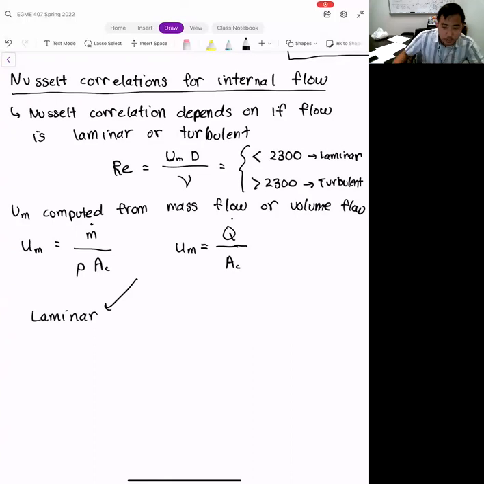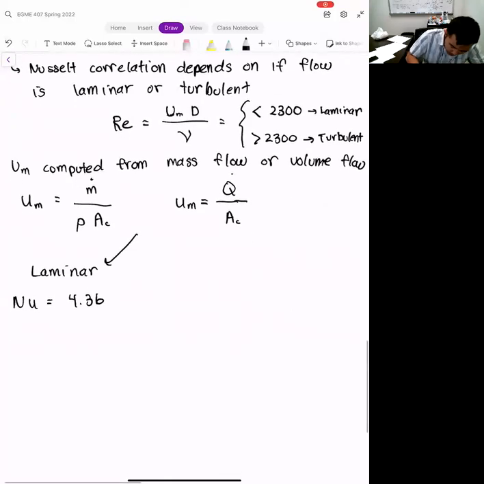For a laminar case, we have two different cases here. We can either have Nusselt number equal to 4.36. It's just a constant, so there's no formula for this. Or we can have Nusselt number equal to 3.66.